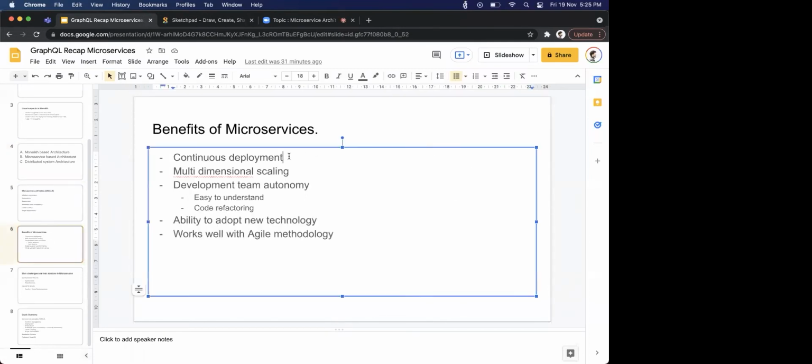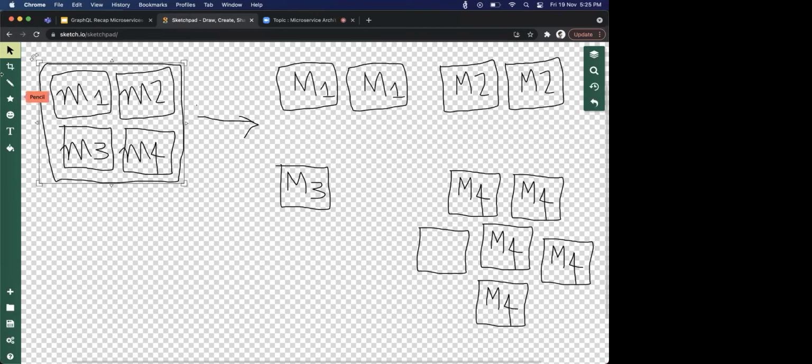ठीक है, जैसे अभी continuous deployment, तो let's say अभी पहले एक बंदा काम कर रहा था, so in the entire application, now we have 4 teams, team 1 2 3 4. In the monolithic setup, if we have to deploy, we have to put all teams' code together, only then we'll be able to deploy.